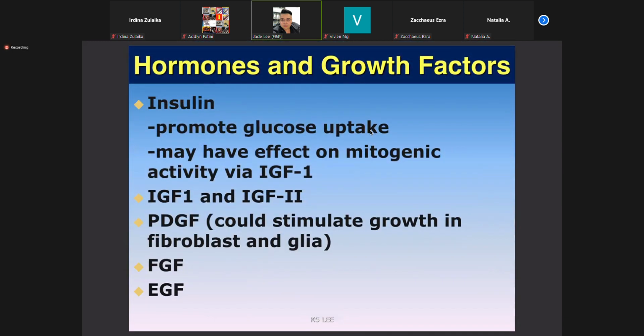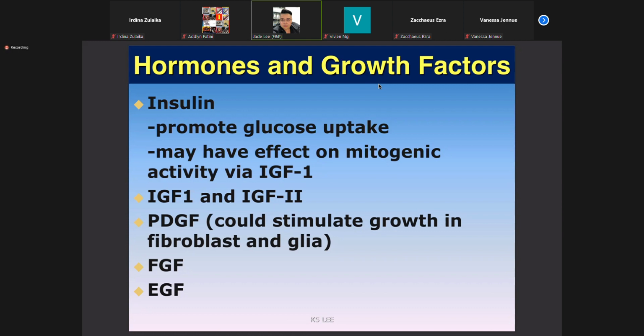Apart from that, we also have hormones and growth factors such as insulin. Insulin, as we all know, promotes glucose uptake by changing glucose into glycogen, and may also have a mitogenic effect. The growth factors also include insulin-like growth factor 1 and insulin-like growth factor 2, and platelet-derived growth factor, or PDGF, which can stimulate growth in fibroblasts and glial cells, and also fibroblast growth factor, FGF, and epidermal growth factor, EGF.